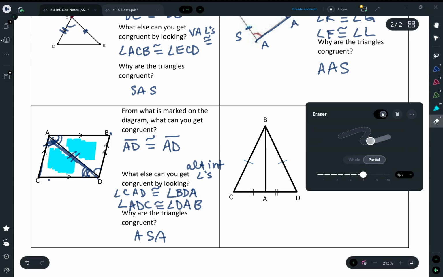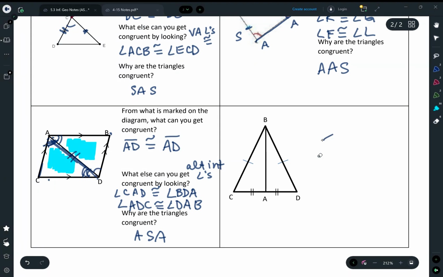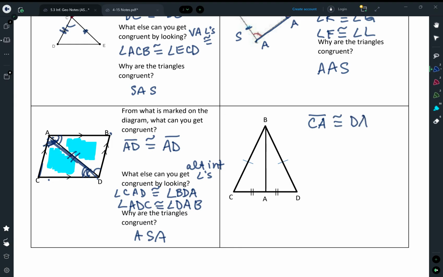All right, on our last one, we have that side down the middle. This one's kind of blank, so we have to do it on our own. Kind of think about those steps. So we have segment CA, because I'm talking about a side, congruent to DA. So I'm looking at these two side-by-side triangles now, this one and this one.